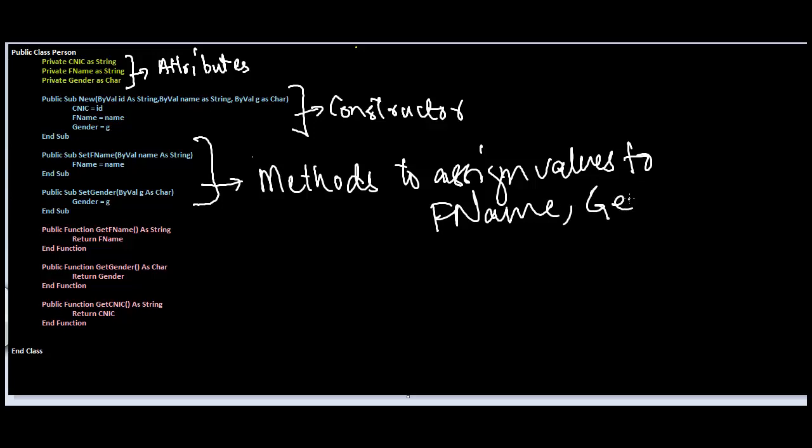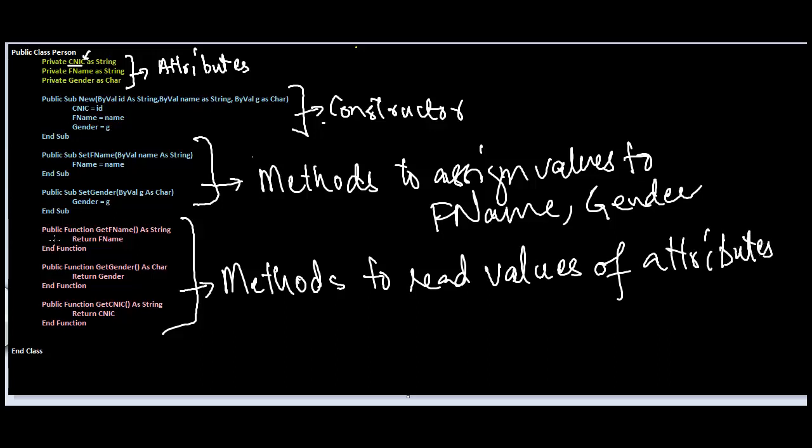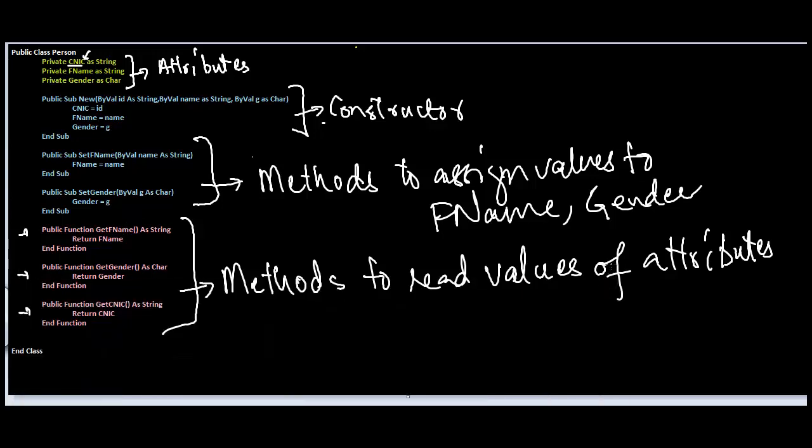So we are using these methods to assign values to first name and gender. And then these 3 here, these are methods that we are using to read values of attributes. So we have this function to find out the first name, this function to find out the gender, and this function to find out the CNIC number. So that's a complete definition.